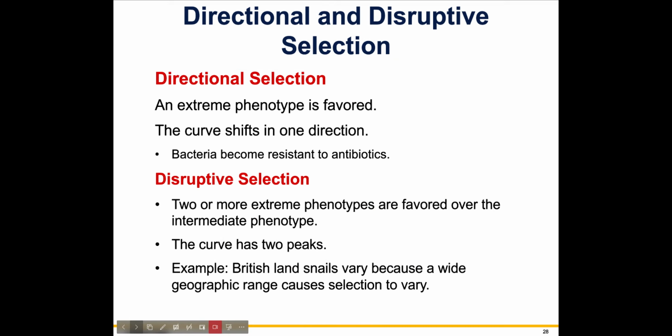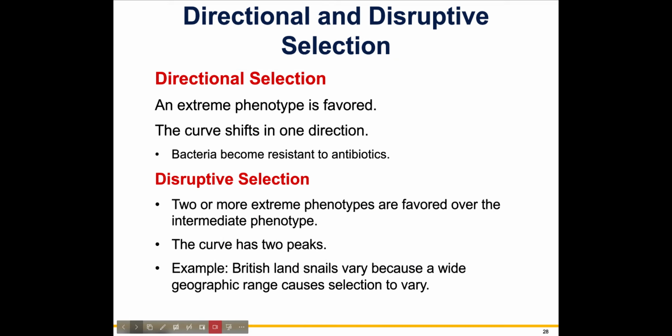Then there is disruptive selection, again, where the two extremes are what is favored. The curve gets sort of this bimodal shape, with two peaks. And really, the example from your book is the only one that I've ever heard of, so this is pretty rare. There are land snails that live in forest and live in sort of flat grassland in Britain.